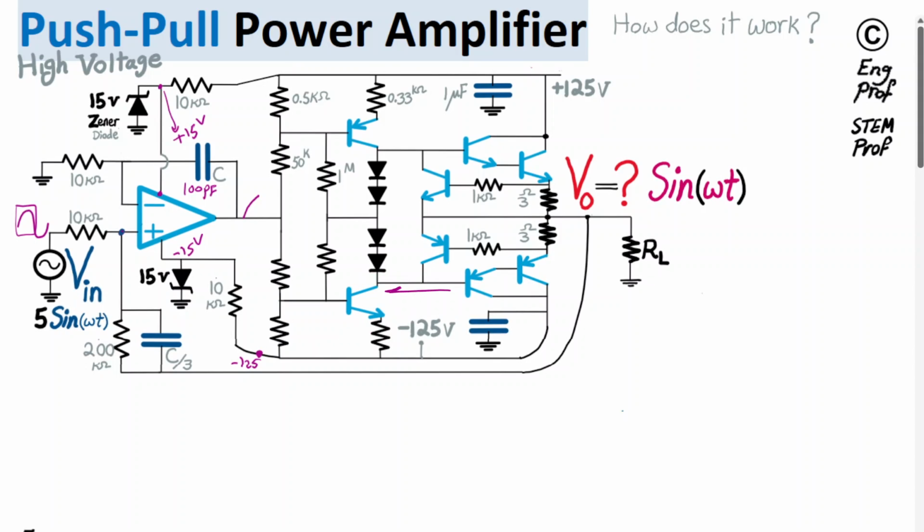More current is now flowing from the base of the first PNP transistor in the Darlington BJT PNP pair, and as a result more current starts flowing this way, and you will see that we have a voltage drop like this at the output, which means we are dealing with a negative cycle of the sinusoid at the output. So when we are at the positive cycle at the input, we are dealing with a negative cycle at the output, and this is good news.